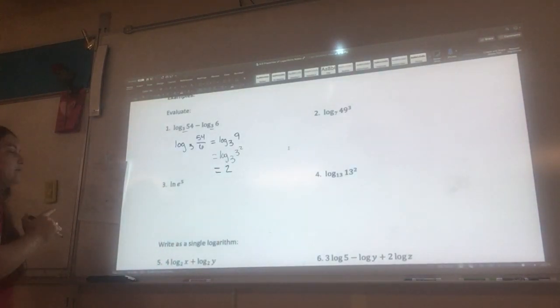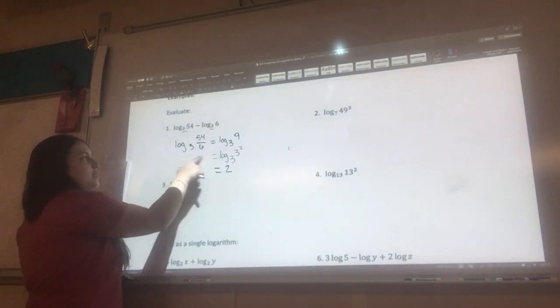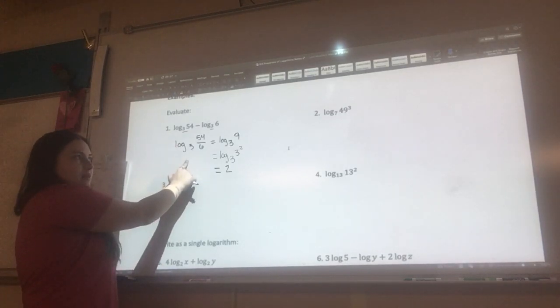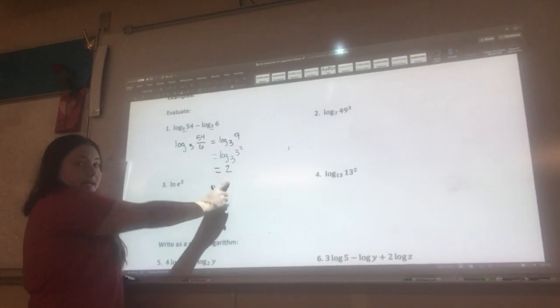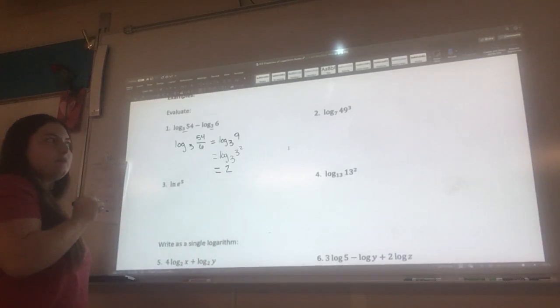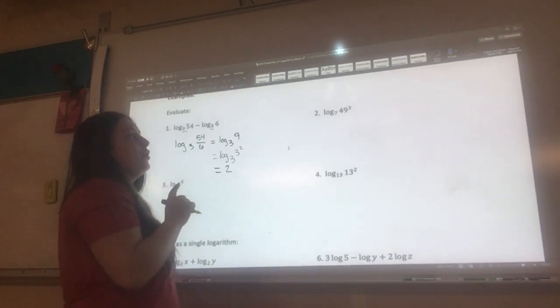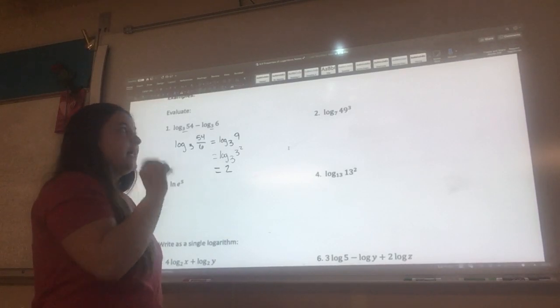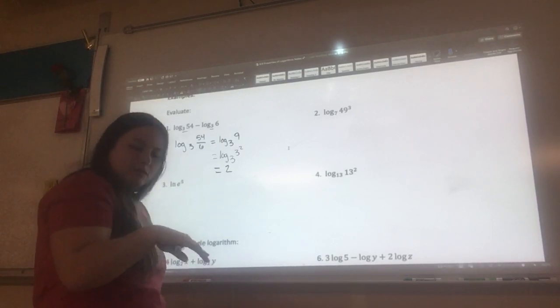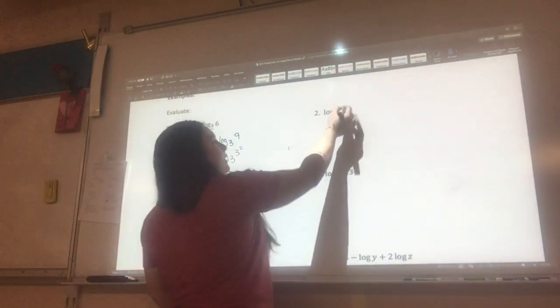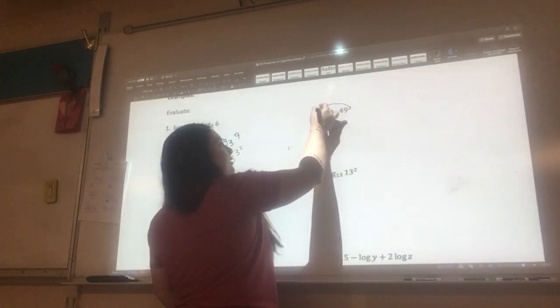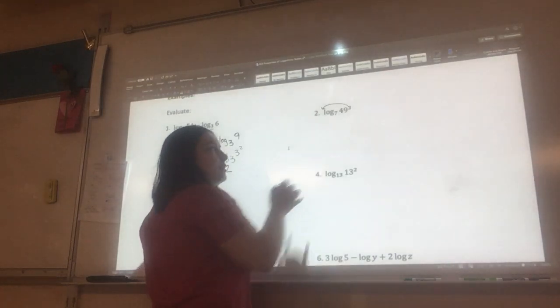Well, that was helpful. So we're using our properties now to manipulate the evaluations. That way we can get to an answer. Okay. Number 2, we have log base 7 of 49 to the third. That's a pain. But we could remember our power rule that says I can manipulate that 3 to come out and be in front.